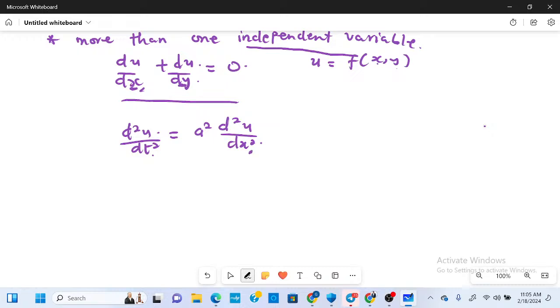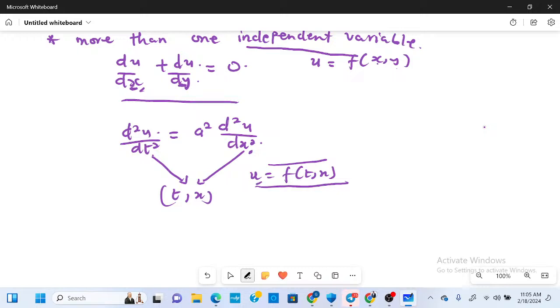We have two independent variables here, t and x, meaning that our function u is equal to f of t, x. It's a multivariable function. Therefore, the derivative of this function depends on these two independent variables, making this equation a partial differential equation.